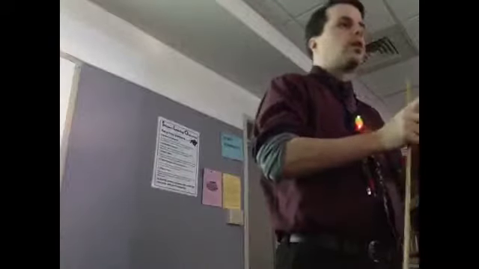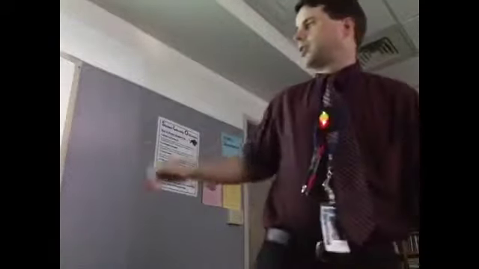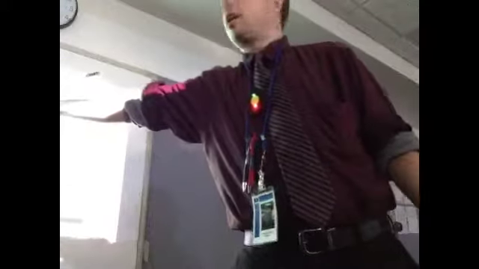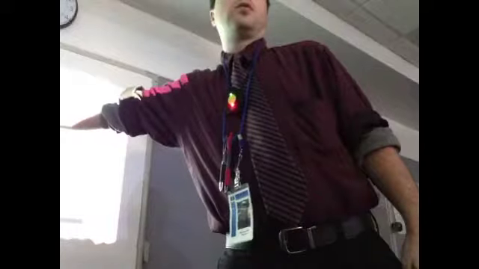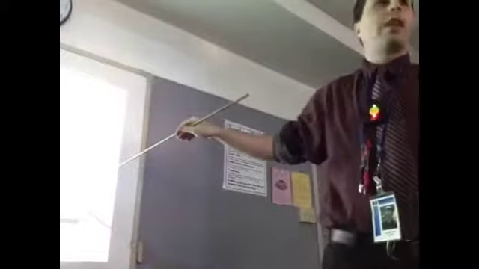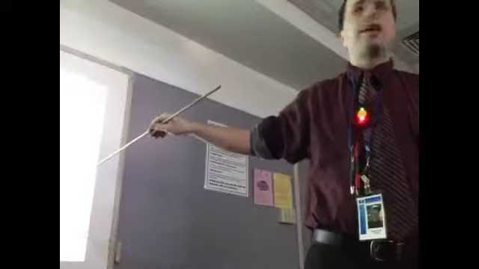At the other end, we have very short wavelengths. What does that mean about their frequencies? Josh, higher or lower frequency? Higher. Long wavelength means lower frequency. Short wavelength means higher frequency.